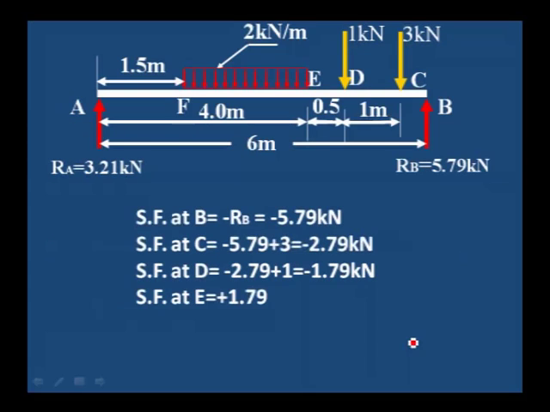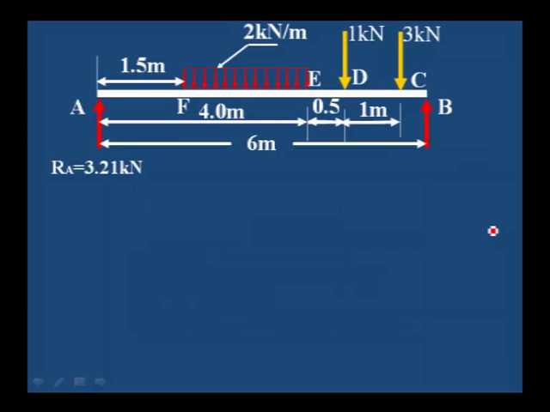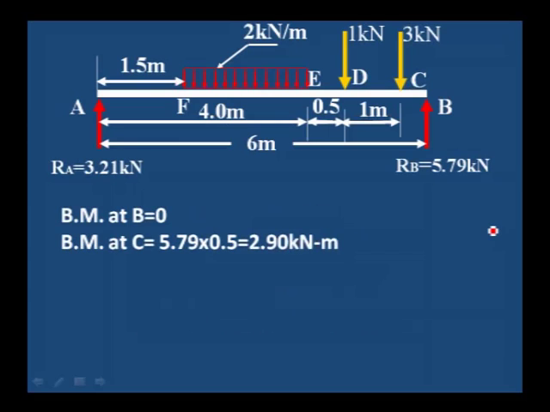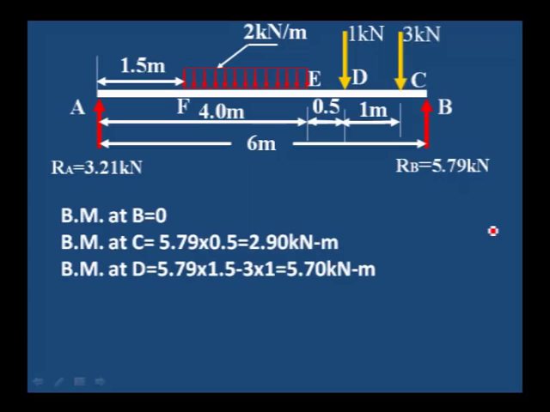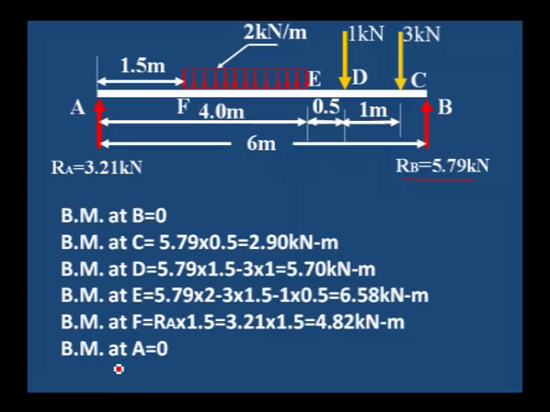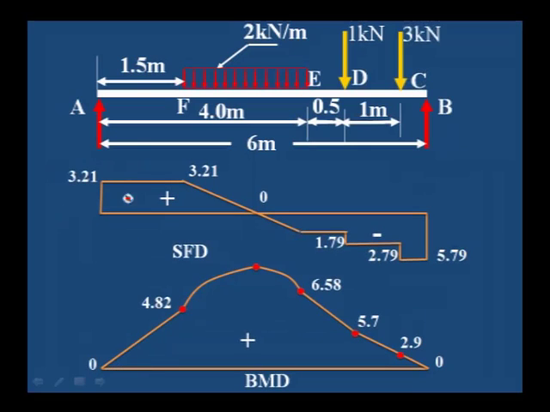Then calculate the shear force at salient points B, C, D, E and F. Then similarly you can calculate the bending moment: at B it is equal to 0, at C it is the load into distance. After calculating the bending moment and shear force, you can draw the shear force diagram and bending moment diagram.